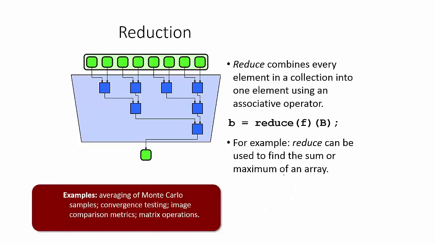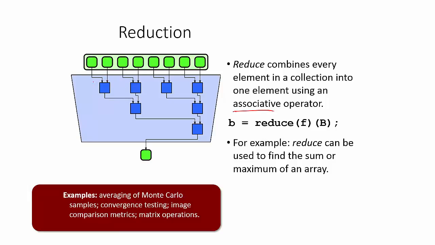A second very useful pattern here is the reduction pattern. A reduction pattern combines every element with a certain function and produces a single scalar element, and the function has to have an associative operator. So this example here shows how you can do this partly in parallel.